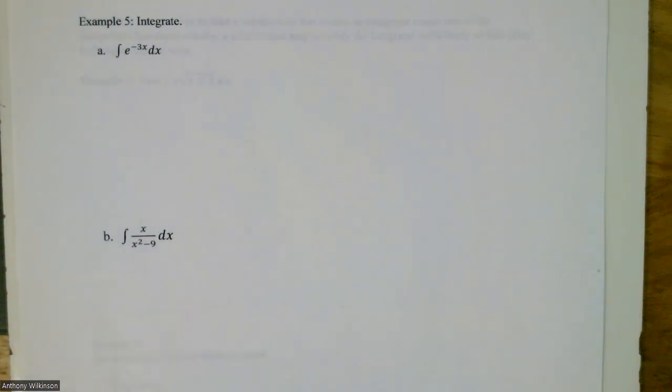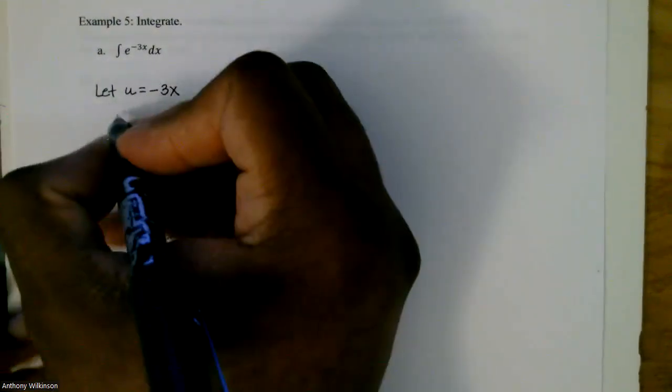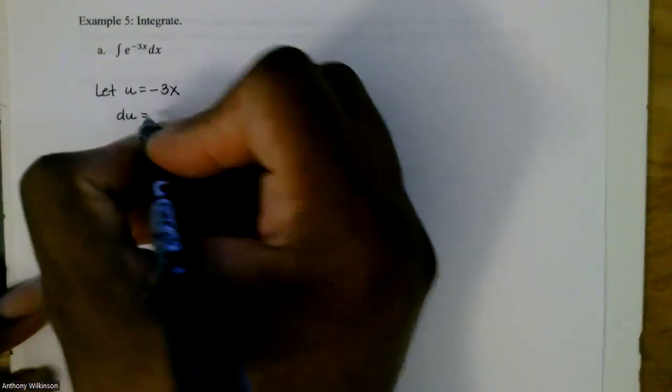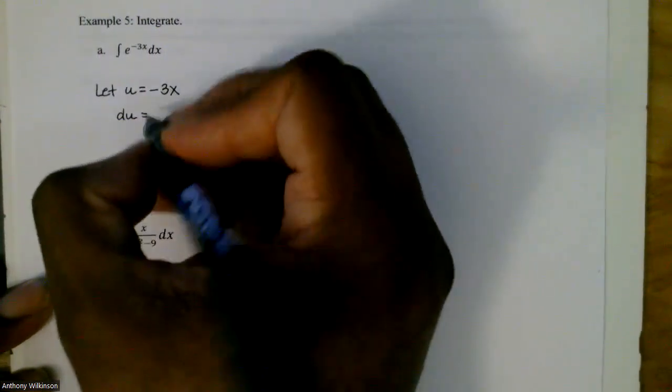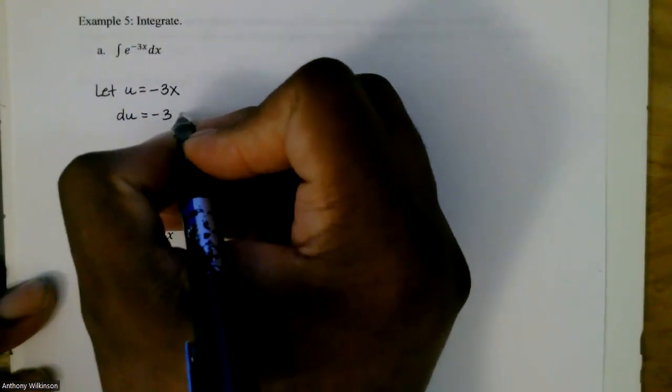Let's say I wanted to integrate this. In part A, I have the integral of e to the negative 3x dx. So here's our substitution. Here I'm going to let u be that exponent for the e, which is negative 3x. And then when I take the derivative of that, du would be, the derivative of negative 3x is just going to be negative 3.